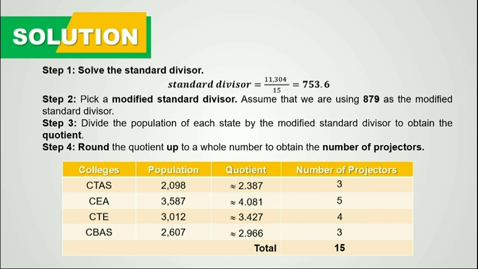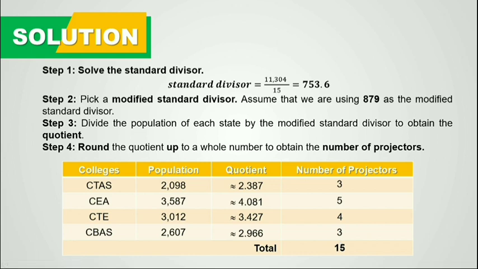According to the Adams plan of apportionment, if the total does not sum up to the desired total number to be apportioned, then you have to repeat the process and choose another modified standard divisor, so that your total equals the total number of things, people, or allotments to be apportioned.